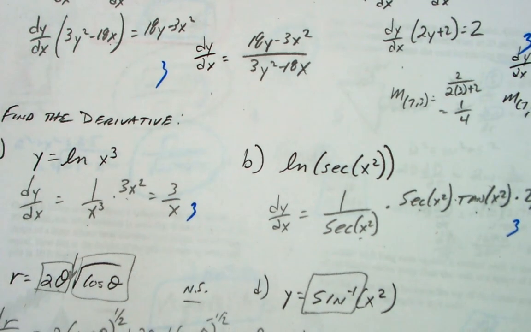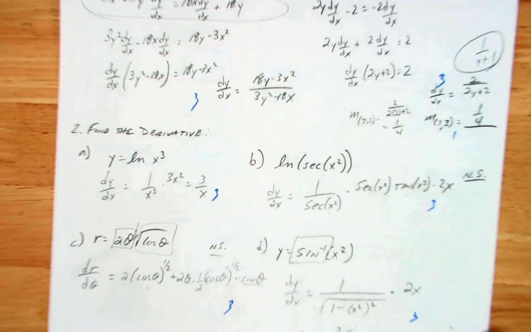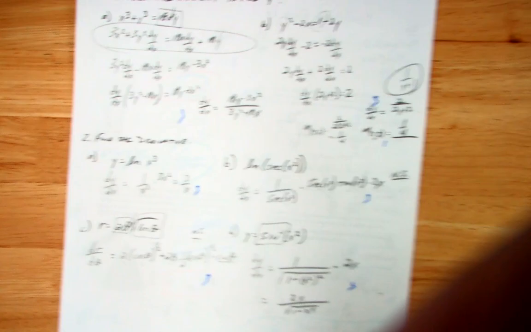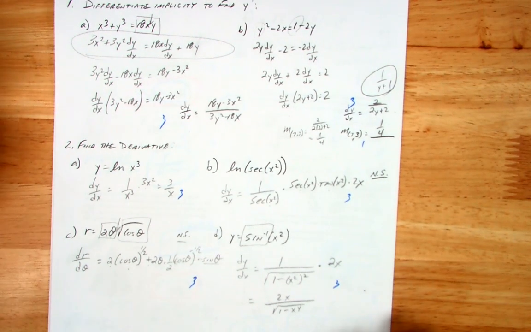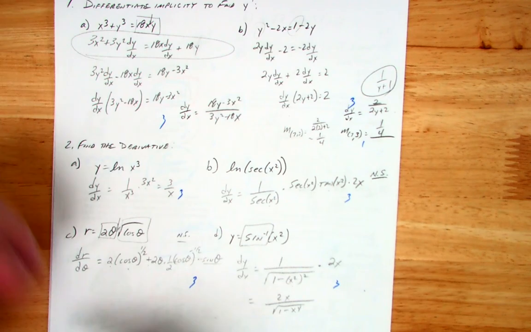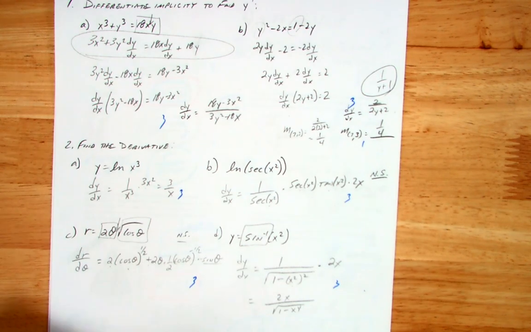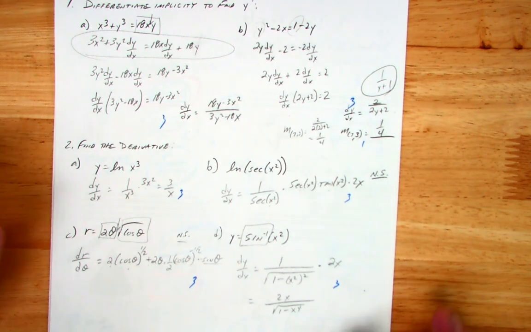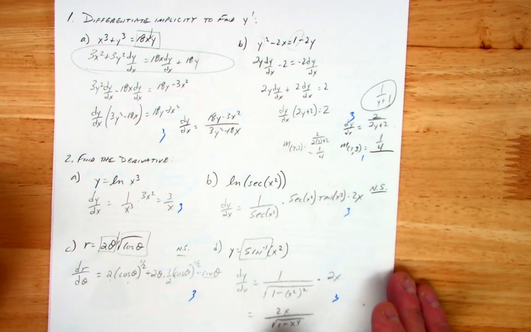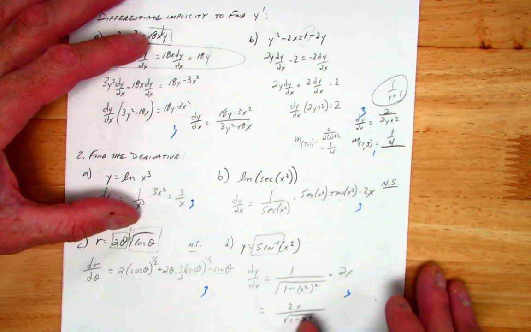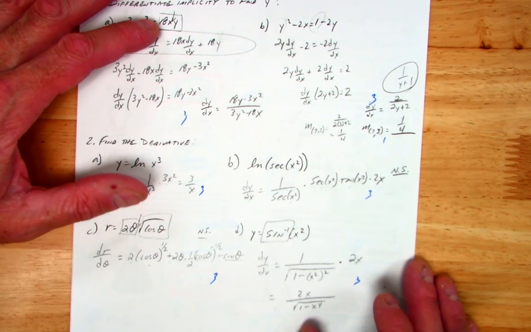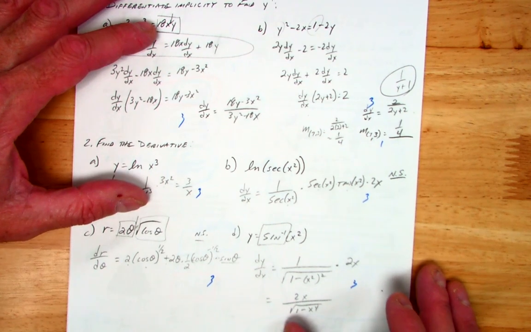Okay, so I guess my advice on everything is just pay attention to the detail on your assignments and your review problems, because if you weren't using product rule and you should be using product rule, that should have been caught.